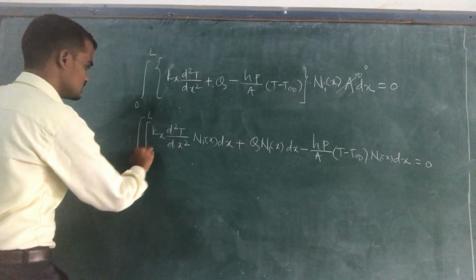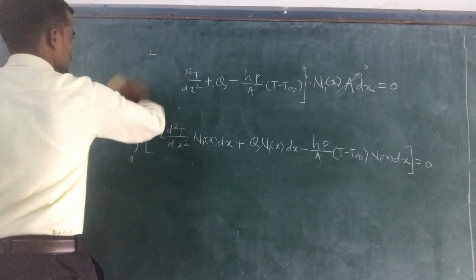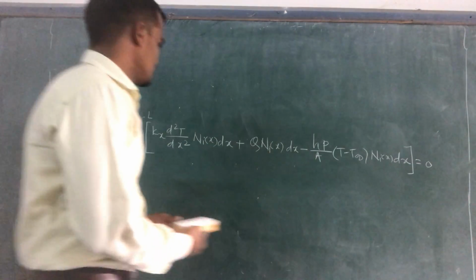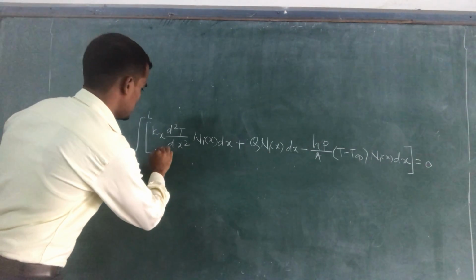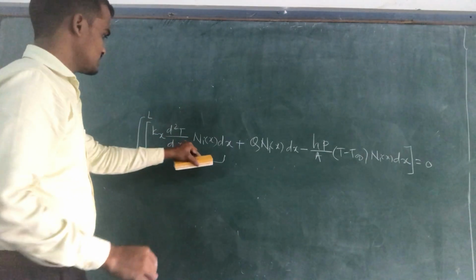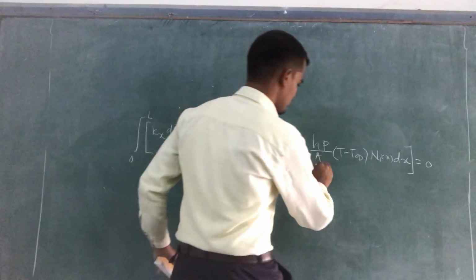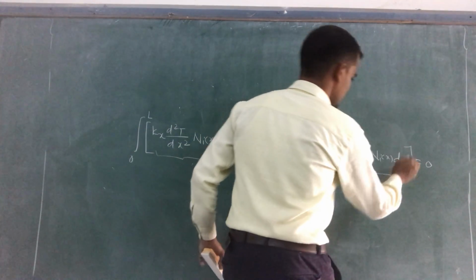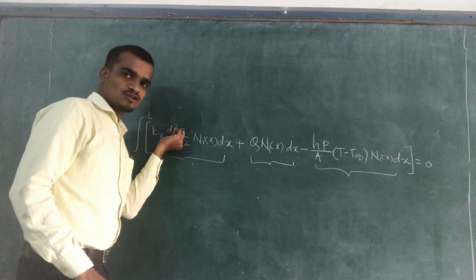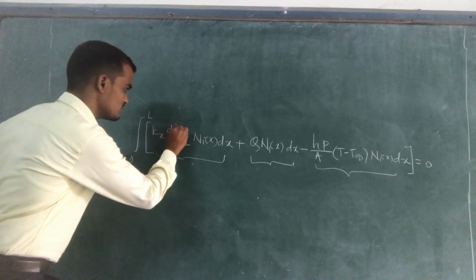So this is the integration that we need to solve. How to solve this integration? First, for this part we need to simplify this integration. Then again this is a simple step, and this is also a simple step. Why? Because look at this. T is a function of x, and N is also a function of x. Why is T a function of x?